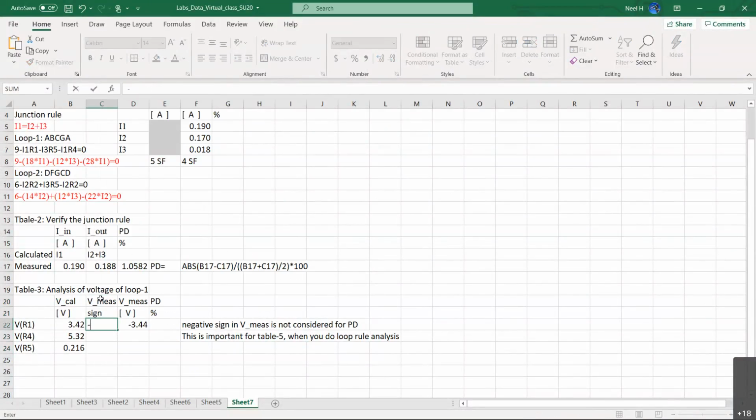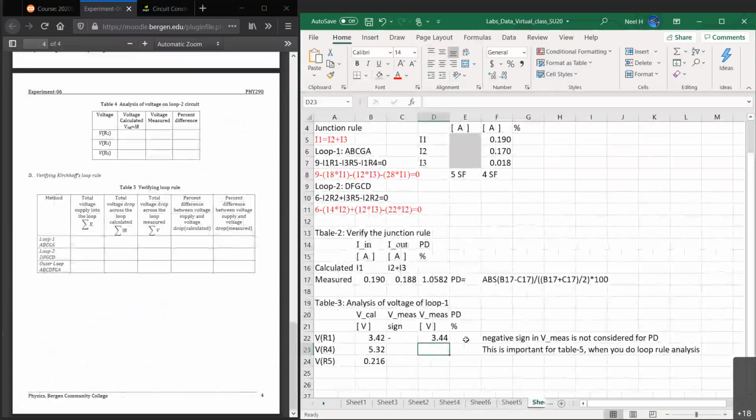If it is negative, just put the negative sign there, and then put the number only here. Good. That way, when you do the percentage difference, you don't need to worry about that sign at all. Make sense? Everybody get that idea? This negative sign represents voltage drop, okay? So that is important when you do the calculation later on table number 5. I wrote down that information here.